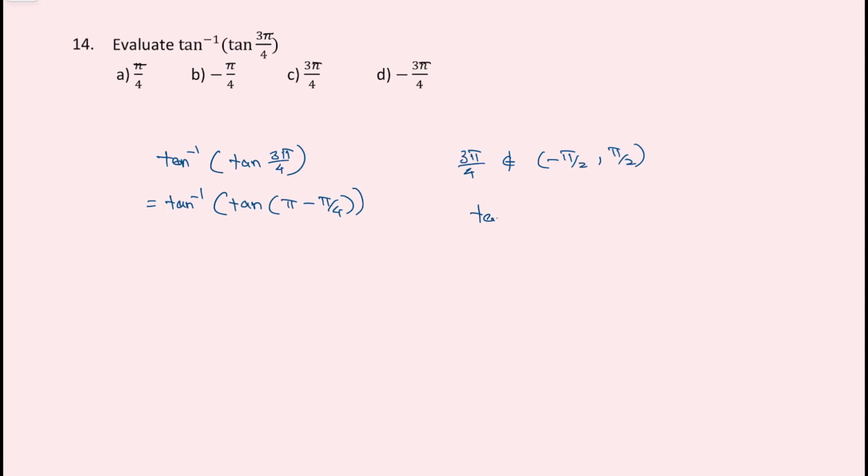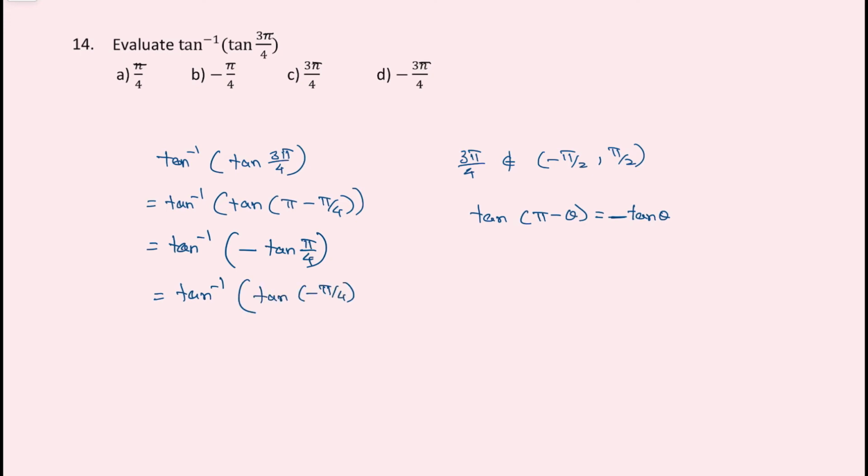Now let us use tan pi minus theta formula. For pi, we don't change the ratio. Pi minus theta is in the second quadrant. In the second quadrant, tan is negative. So minus tan theta. We get tan inverse of minus tan pi by 4. This can be written as tan inverse of tan of minus pi by 4.